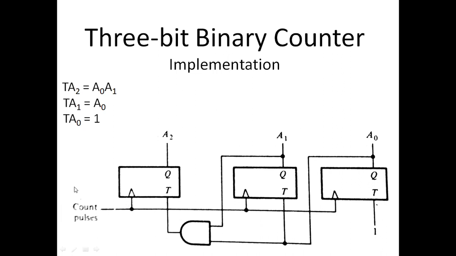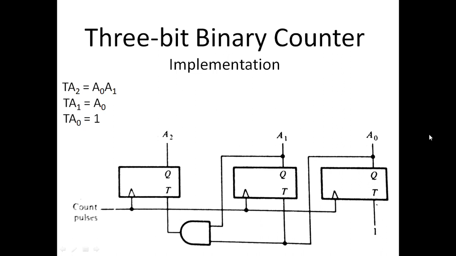So whenever the clock pulse occurs, it changes the current state to the next state according to the excitation table shown before. So this is a 3-bit binary counter that counts in ascending order starting from 0 until 7, and then it repeats.